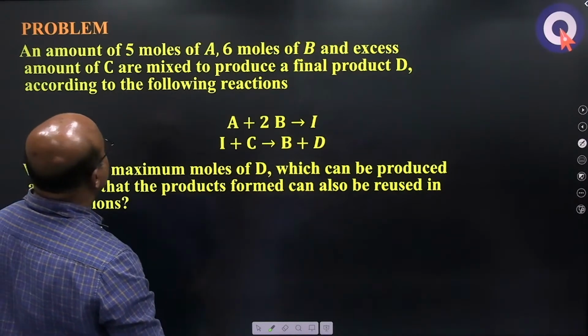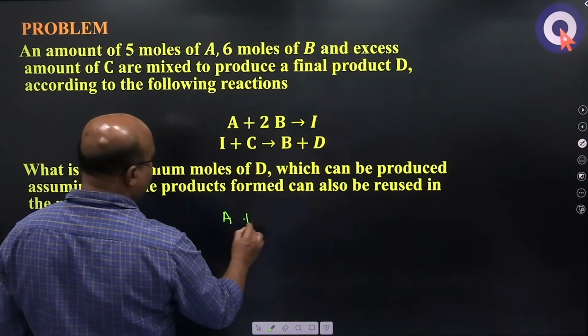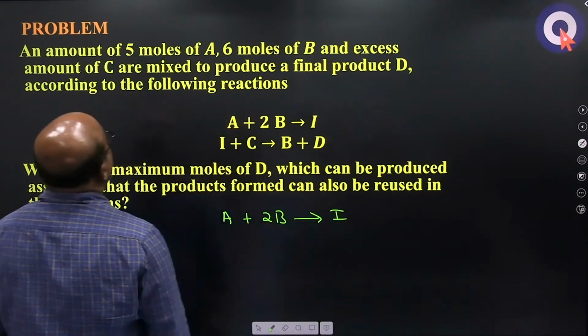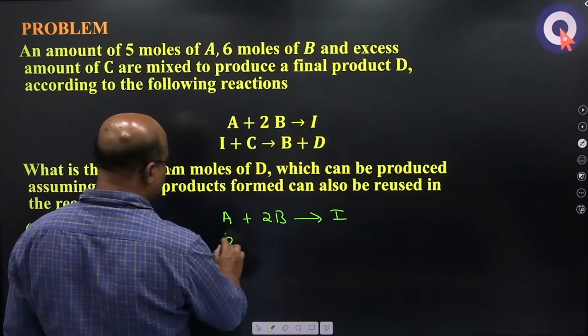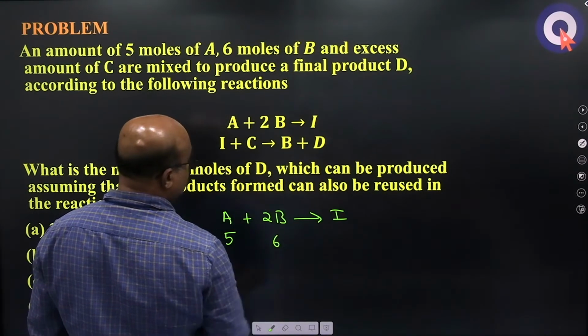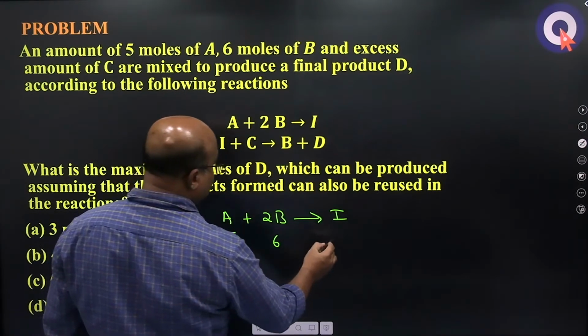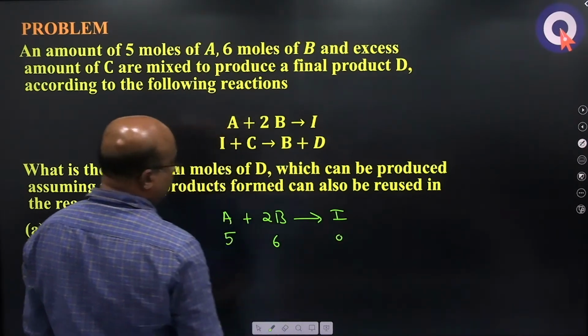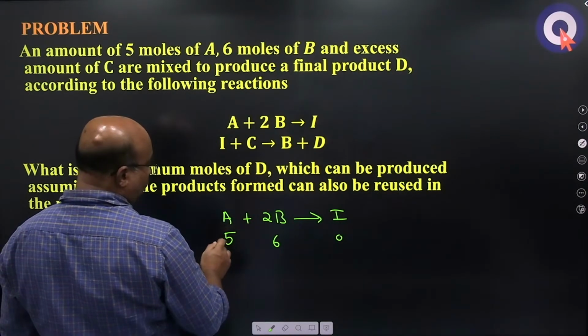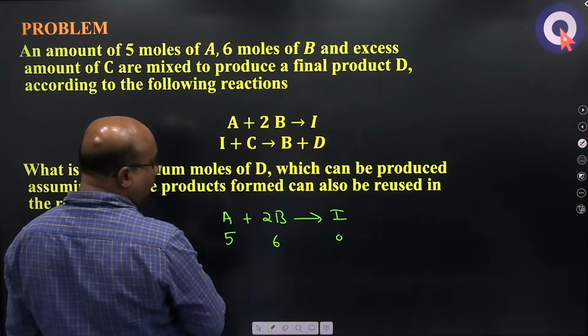As you see, A plus 2B gives first I. How many moles of A are there? 5. How many moles of B? 6. Initially I is 0. But 1 mole of A will react with 2 moles of B, so 5 moles should react with 10 moles.